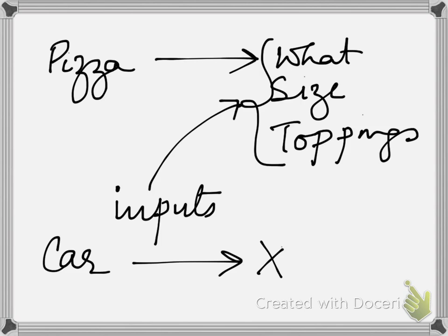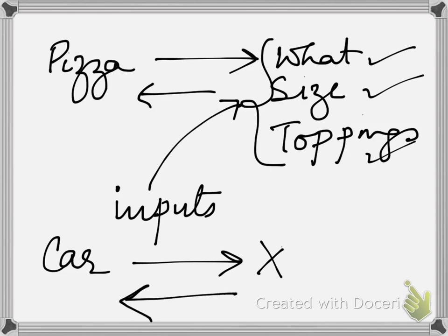But in both cases, I will get an output. In the first case, I will get the pizza I ordered according to my specifications. In the case of the car repair, I will get back the repaired car. So I may give some inputs and I will get back some output.